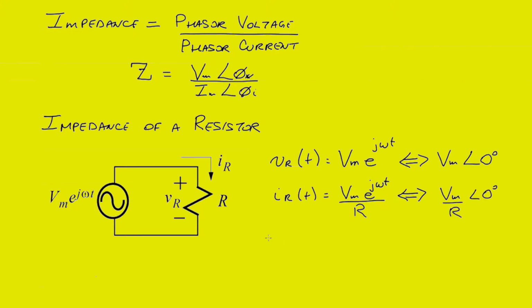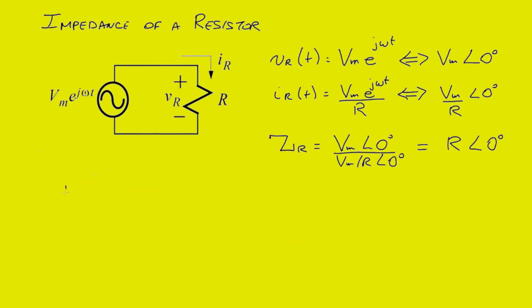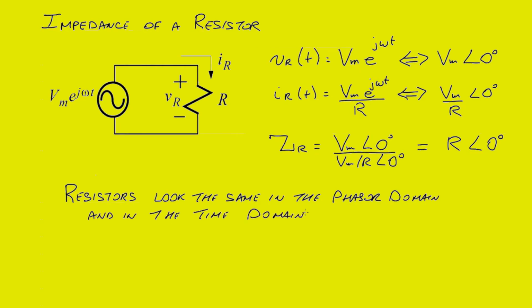Now to compute the impedance of a resistor, Z of a resistor is simply equal to the phasor voltage divided by the phasor current, or Vm at angle 0 divided by Vm over R at angle 0, which works out to simply R at angle 0. What this means is that a resistor looks the same in the phasor domain as it does in the time domain.